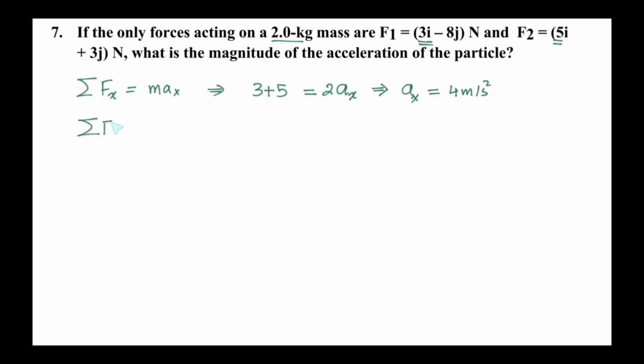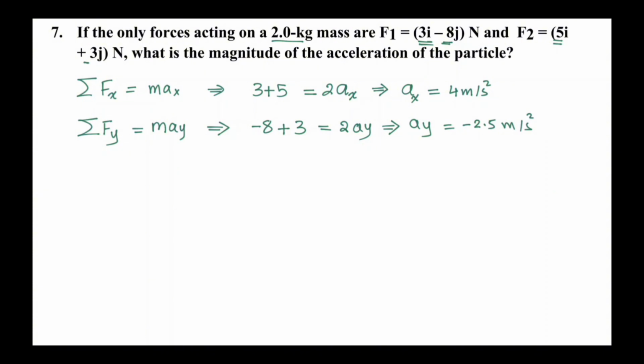Now sum of all forces on y equal to m AY. The y component for F1 is minus 8, and the y component for F2 is 3. So minus 8 plus 3 equal to 2, the mass of the object, times AY. You simplify this, AY will be equal to minus 2.5 meters per second squared.